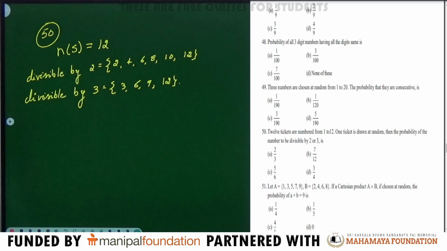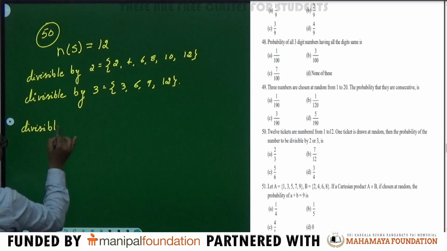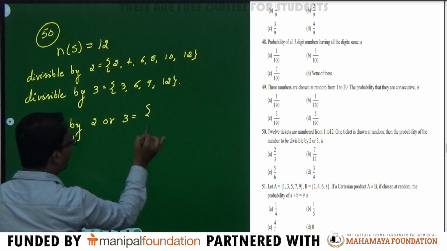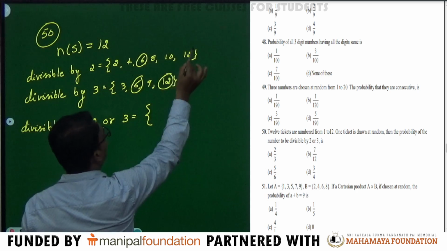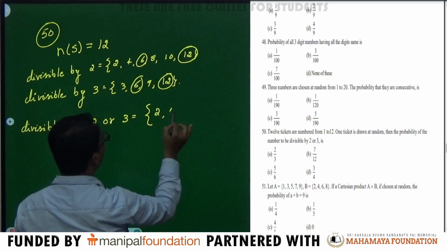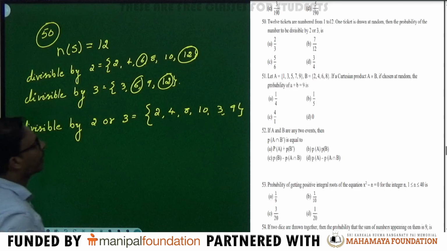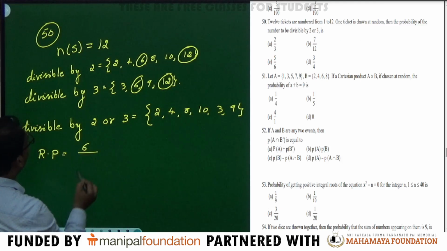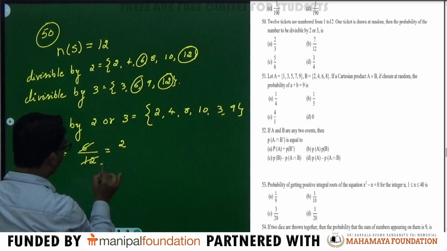So, take the numbers which are divisible by either 2 or 3. Divisible by 2 or 3 means we have to leave the common elements. The common elements are 6 and also 12. The remaining are 2, 4, 8, 10, 3 and also 9. Therefore, the required probability is: there are 6 numbers out of 12. That is 6 1s are 6, 6 2s are 12.